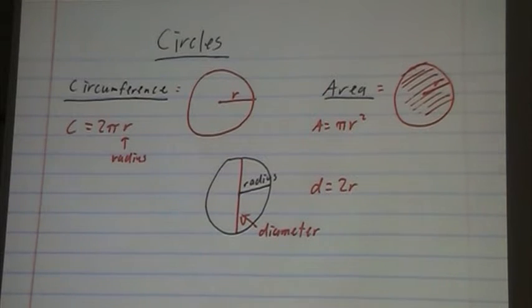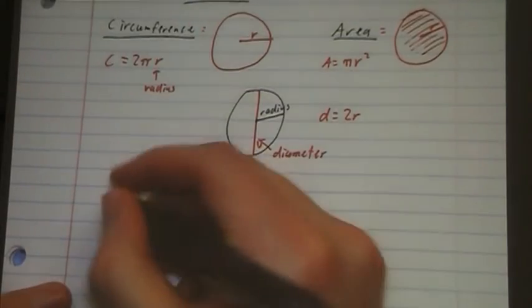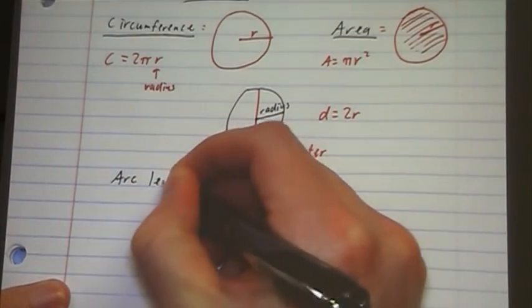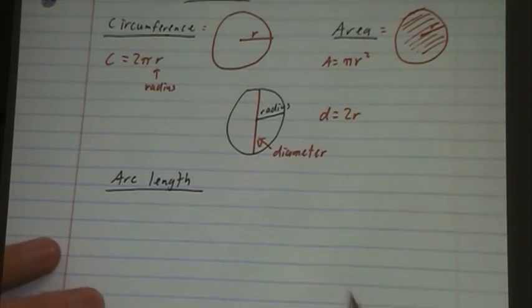Now, these you've probably seen before. The one new piece we're going to add is arc length. And this is kind of the new stuff for the chapter. Arc length is a section of a circle.